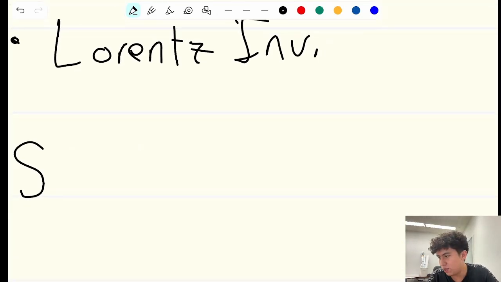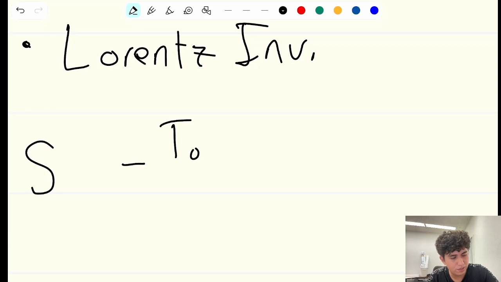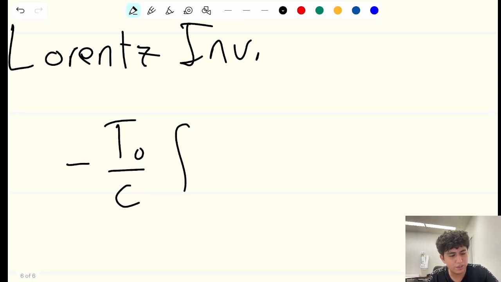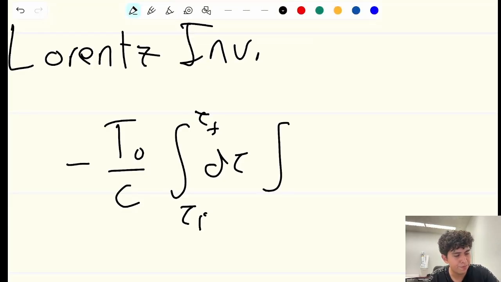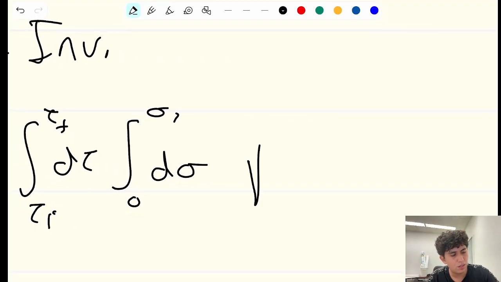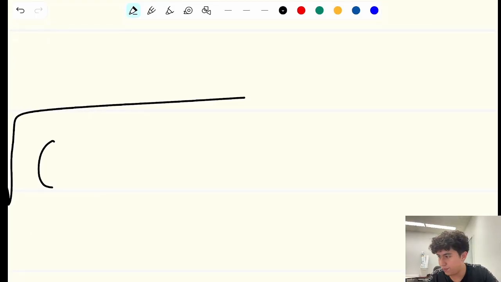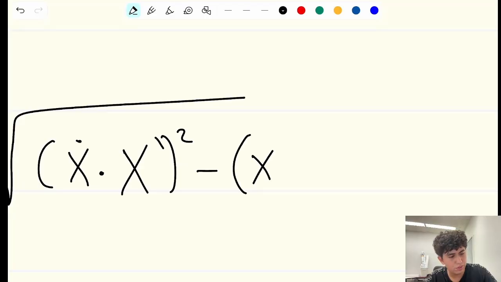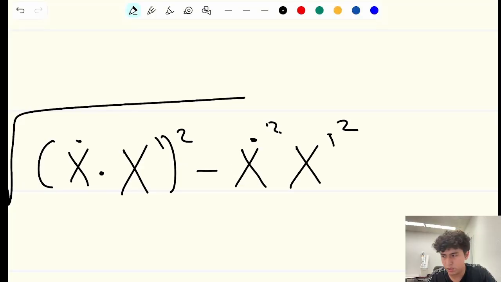then this is the action we're going to get, which is essentially just multiplying these constants. Let me write this and I'll talk. Okay, x dot minus x squared, x prime squared.